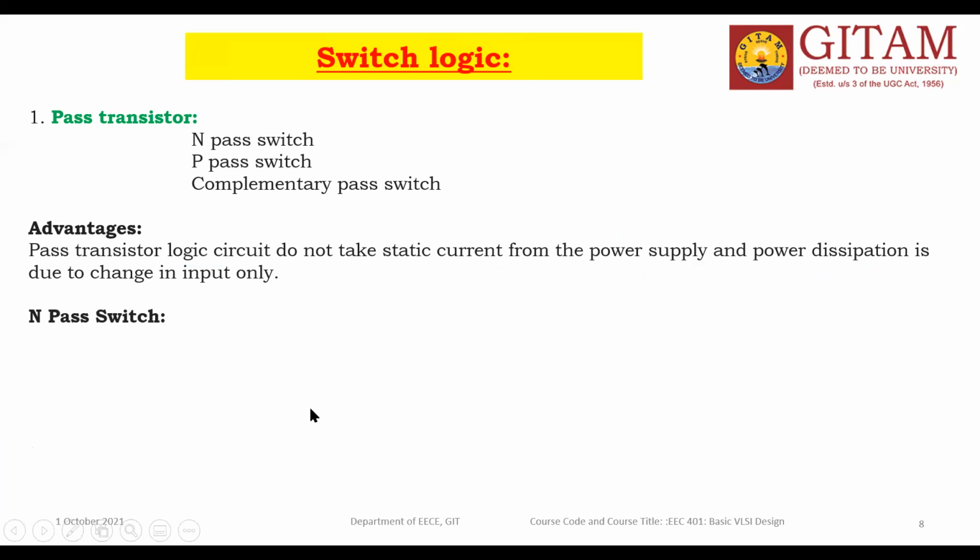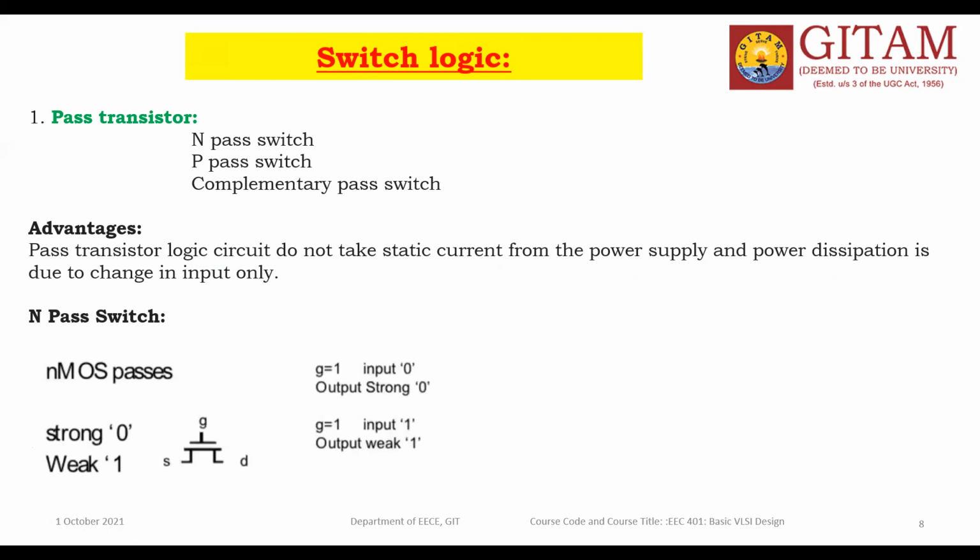Okay. Now come to the N pass switch. I already explained it. This is the NMOS transistor. When the gate is equal to 1, of course, the switch is closed, and output is 0 for input 0.